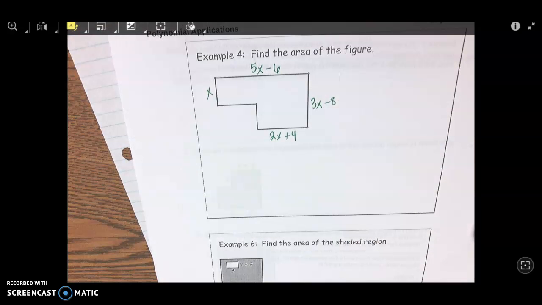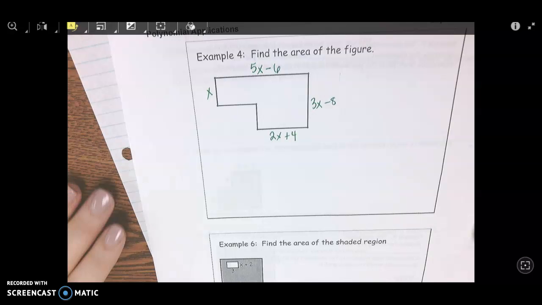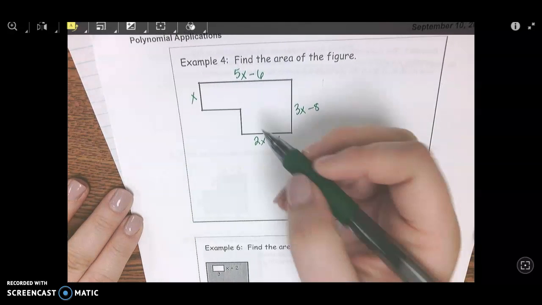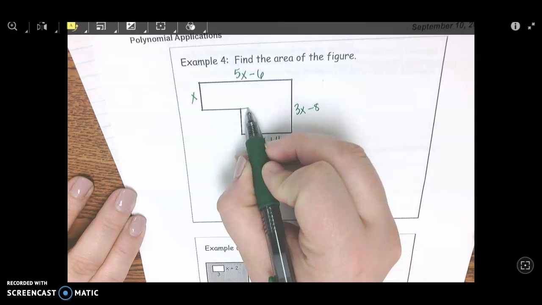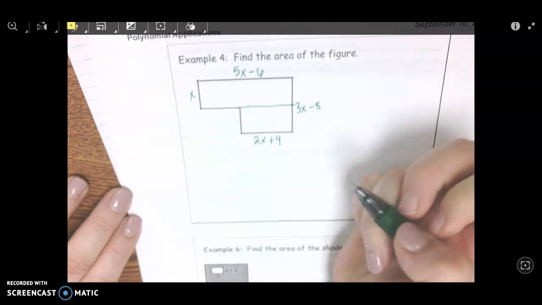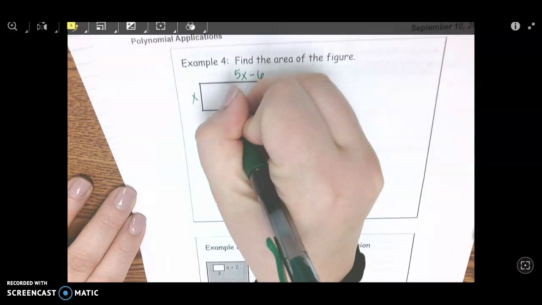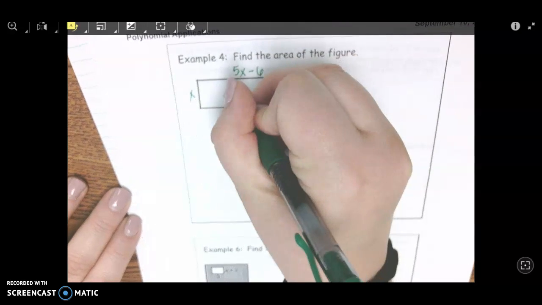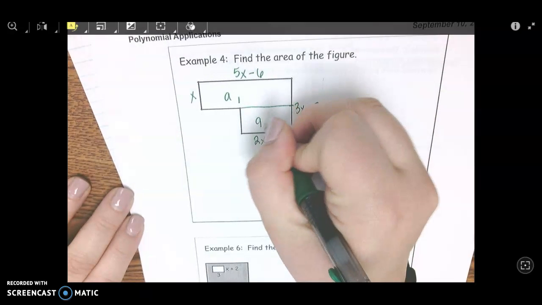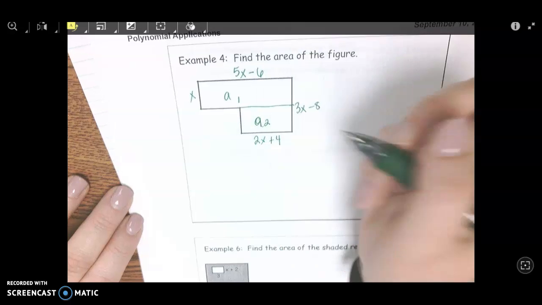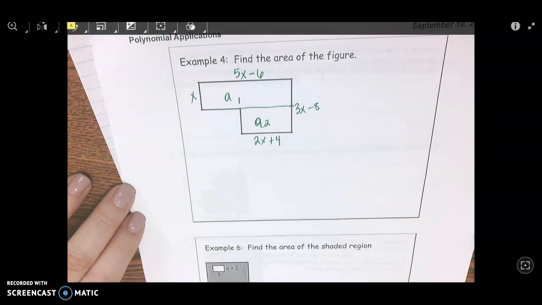Whenever I'm finding the area of this kind of figure, I split it up into two figures I'm familiar with. So I'm going to split this up into two rectangles. I'm going to find the area of this one first, and then this one next, A1 and A2. Then I'm going to add those two together.